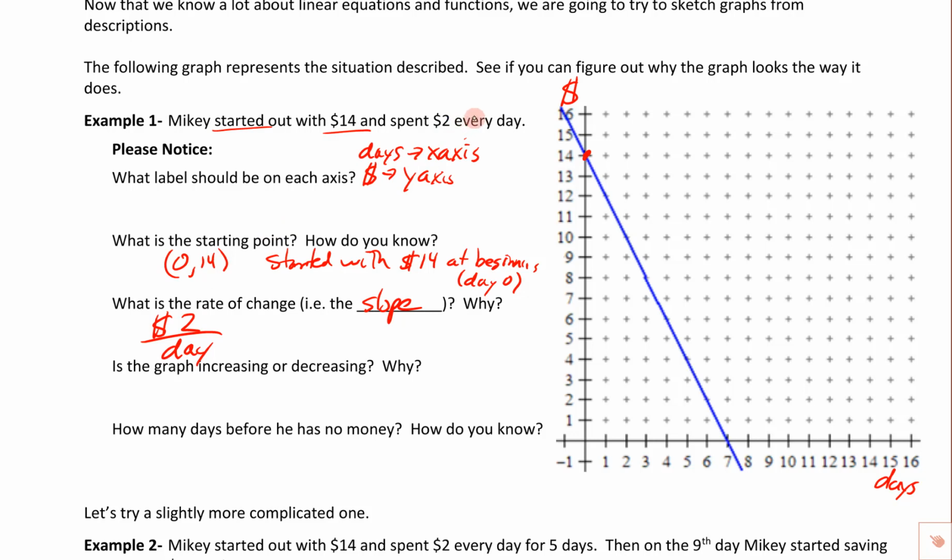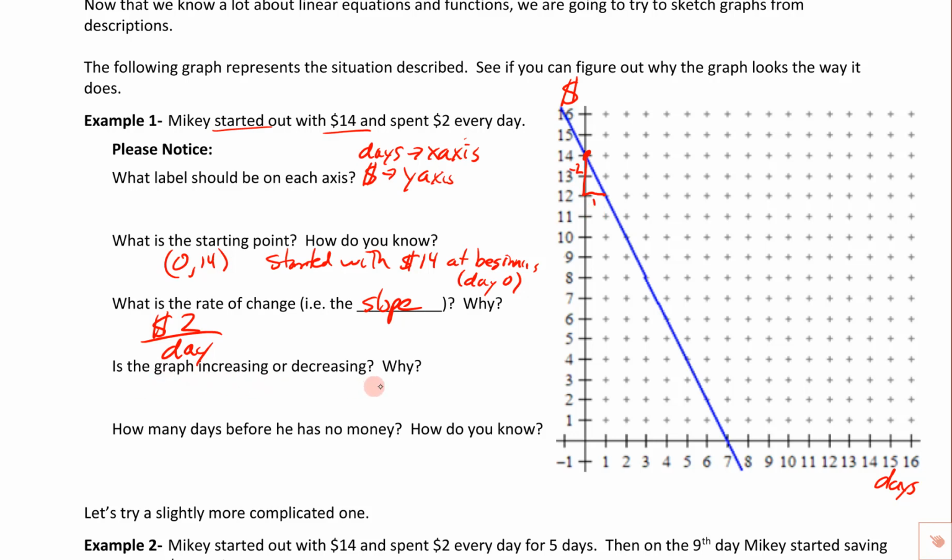Or we can come over here and notice that these are both scaled with the same scale, so 1, 2, and so forth. Each box represents a 1. We could also tell this by just doing a little slope triangle right here. So he went down $2 in 1 day right here. So this would be -2 for a rise, 1 day for a run. So down $2 in 1 day. So we can either tell on the graph or tell from the description.